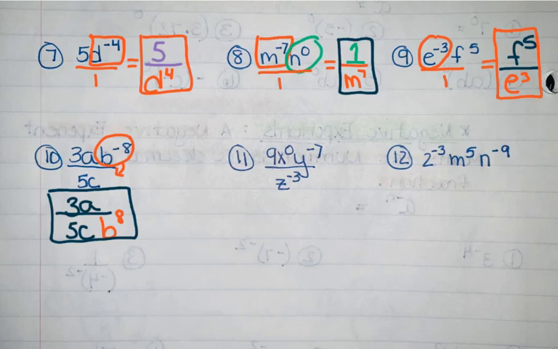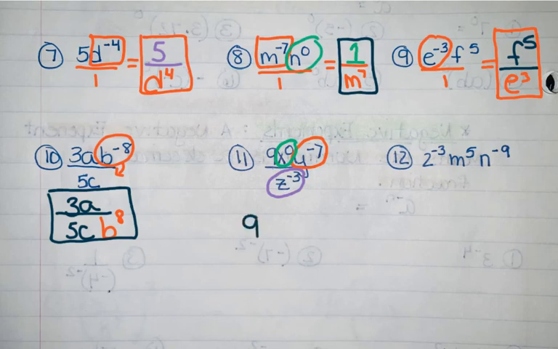All right, number 11, I gotta look to see what I need to move. So I see a negative exponent, y to the negative 7 is gonna need to go down. z to the negative 3 is going to need to flip to the other side. And then x raised to the 0 exponent needs to become a 1. So let's write that all out. I'm not doing anything with 9.